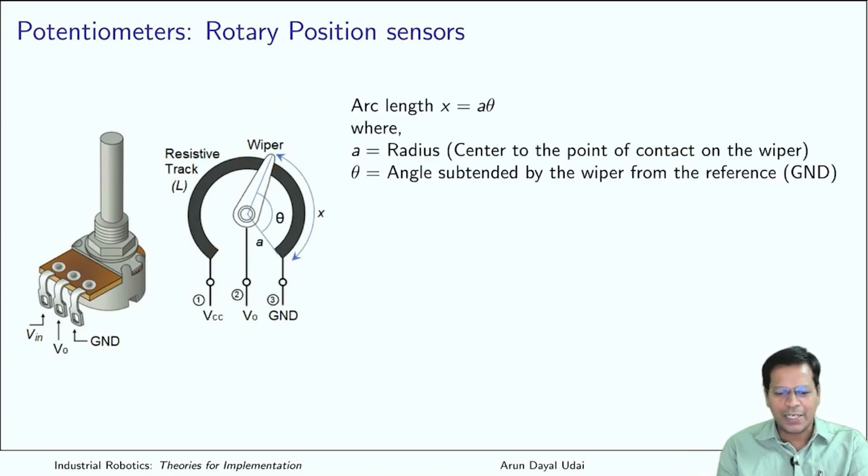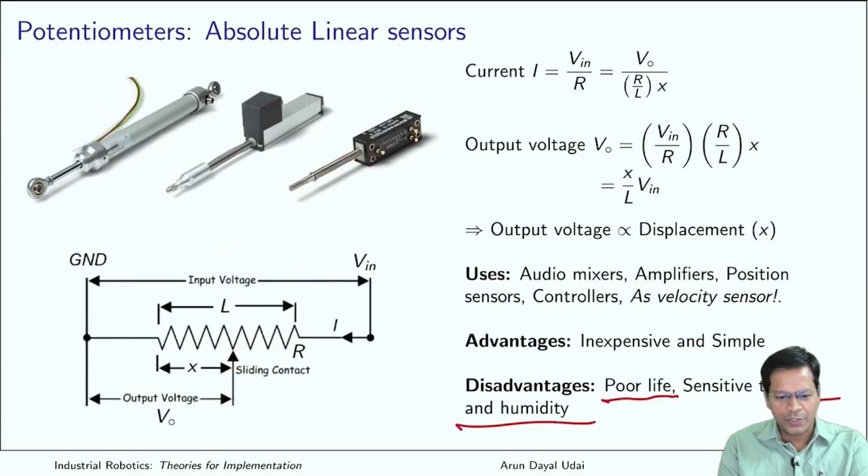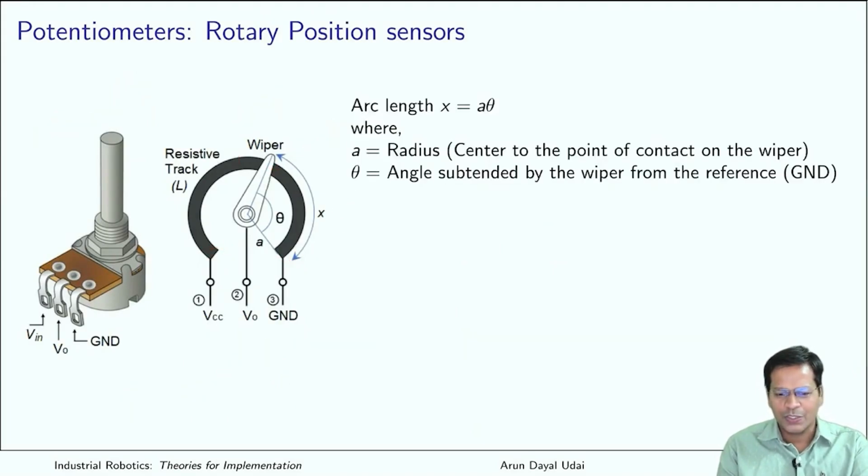See how it works. This time this length x, the one that you had in your earlier scenario, yes, this was x. This time this x is straight away in a circular way, and this x is proportional to angle.